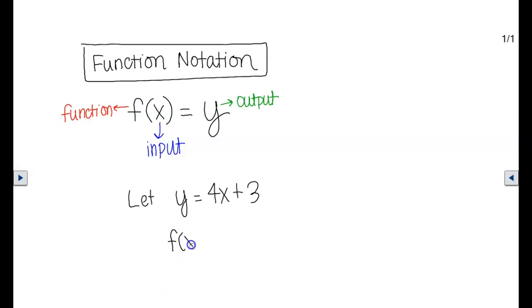So I can write this as f of x is equal to 4x plus 3. So the f, remember, was the name. The x was the input. And the 4x plus 3 was my rule that produces my output.